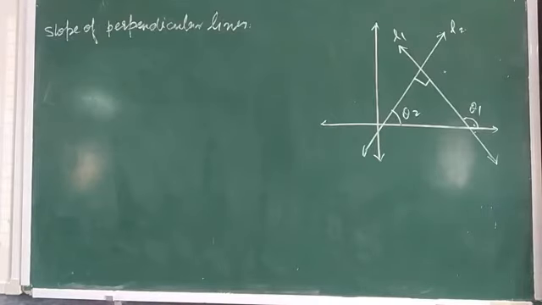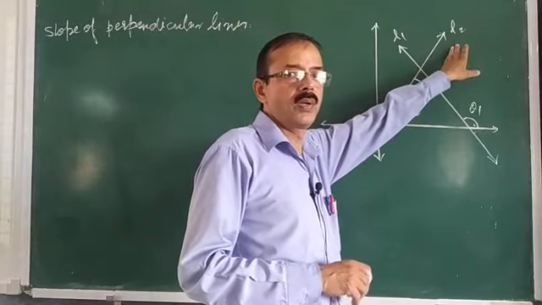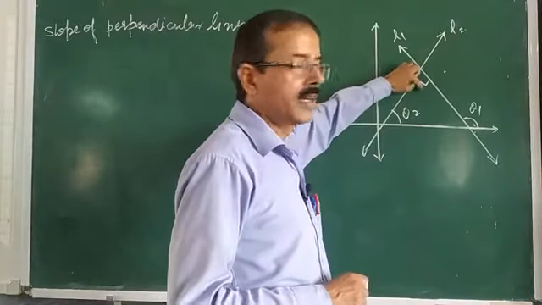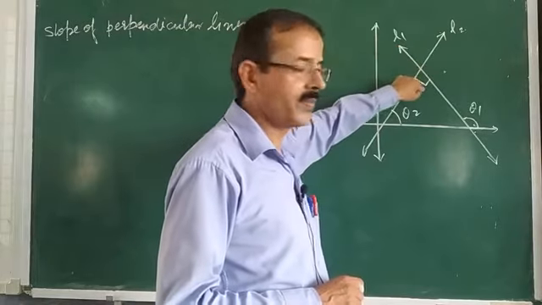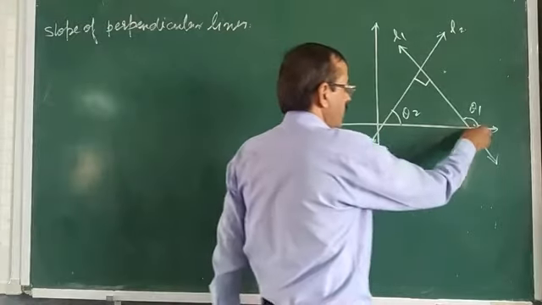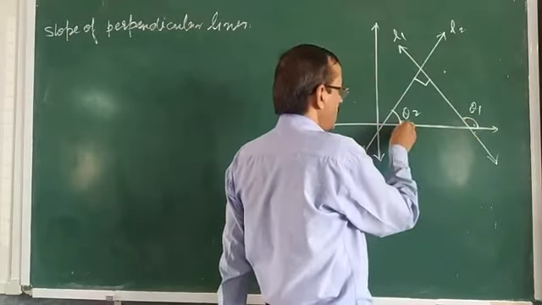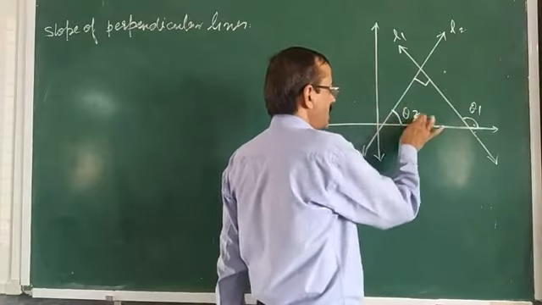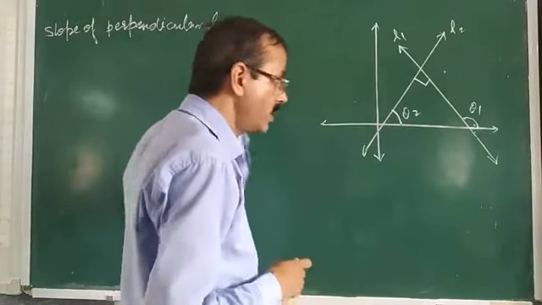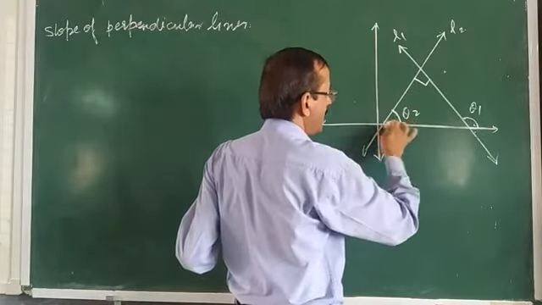Now see the slope of perpendicular lines. Two lines L1 and L2 intersect at this point and form 90 degrees. Let the angle for line L1 be theta 1 and for L2 be theta 2. This is a triangle.